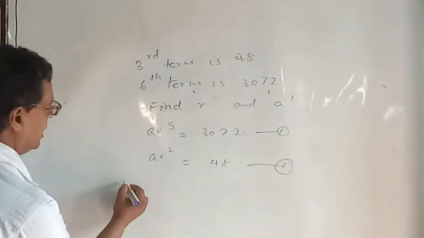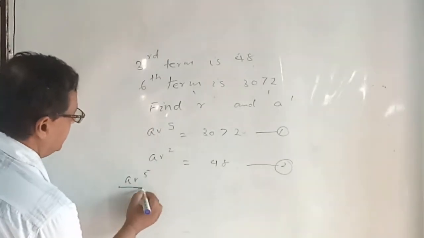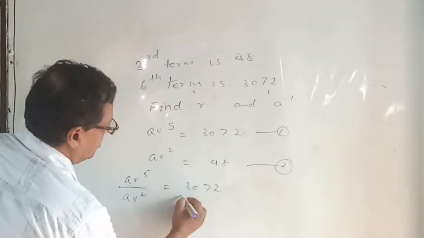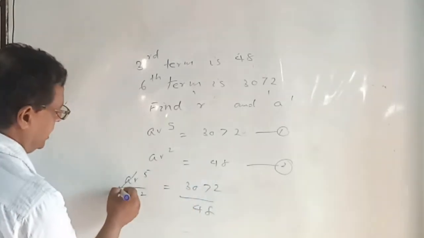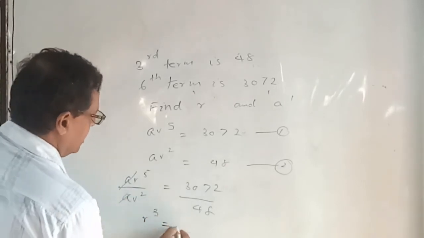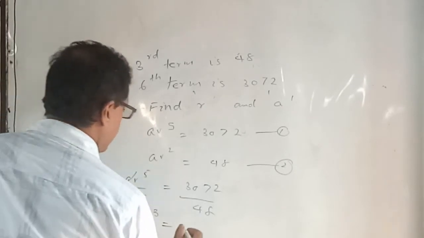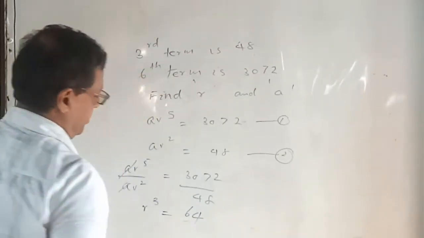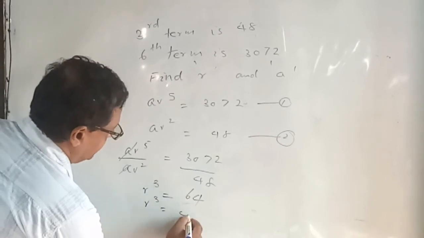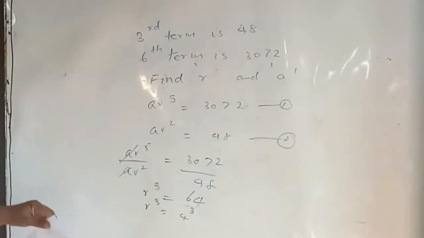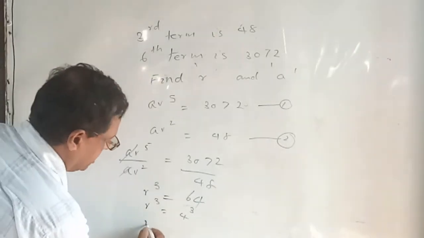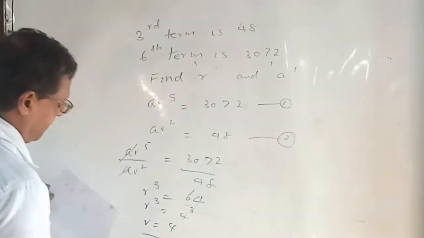Do like this: ar to the power 5 divided by ar squared equals 3072 upon 48. Take it cancelled. r to the power 5 upon r squared means r cubed. If you divide these, you easily get 64. Then r cubed equals 4 cubed. As the power is odd, you get only one answer for r. r equals 4.